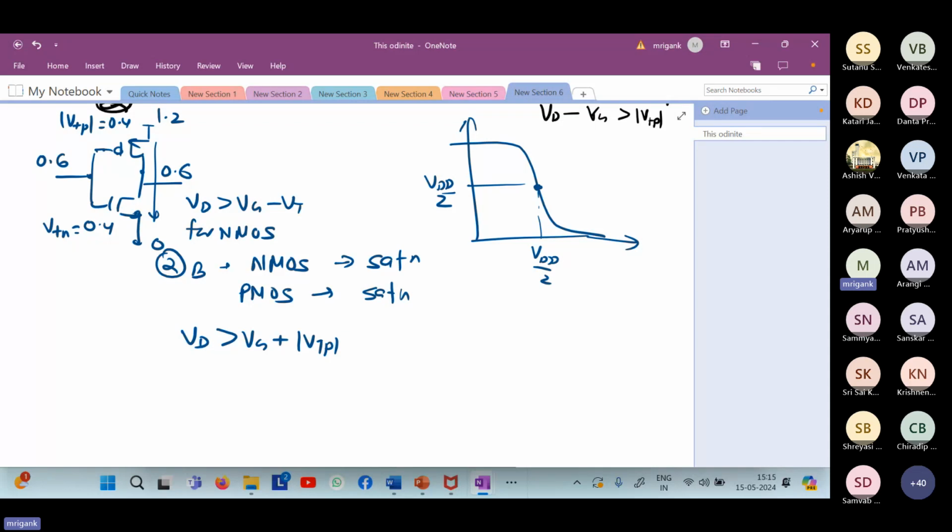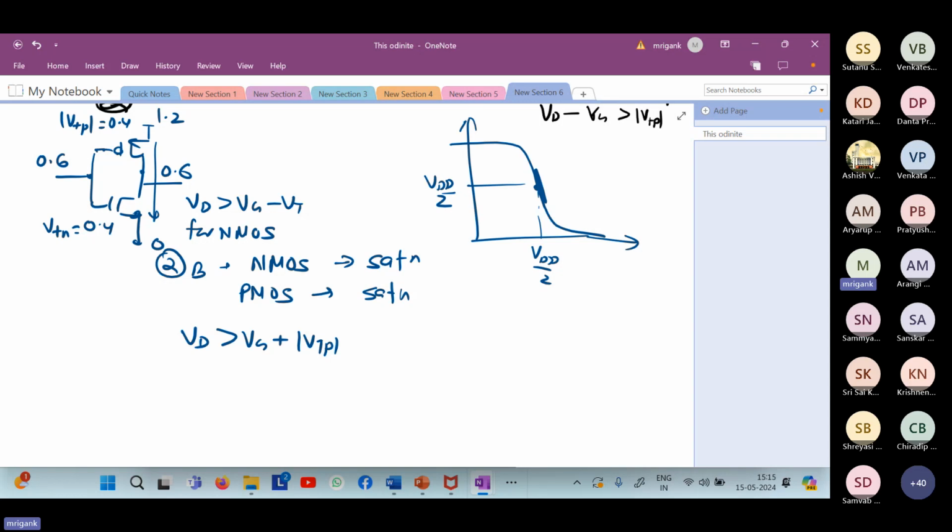You can apply all your small signal analysis and you can make this work as an amplifier as well, because in the central region, you have biased such that V in equals V out, and it is in the high gain region. Both are in saturation. Small signal model can be applied. It can be made to work as an amplifier, right? So in fact, the inverter in this configuration can be used as an amplifier also.